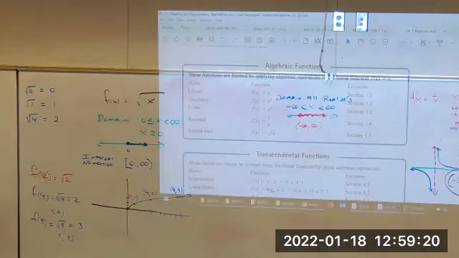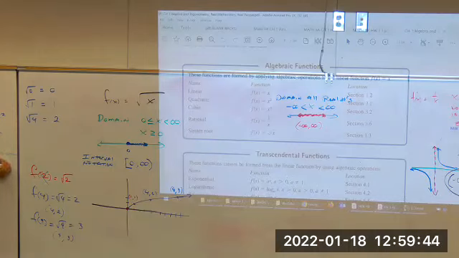Square root x is a form of the inverse function for x squared. And we did this one, x squared looking like this. That curve, we get (1, 1).